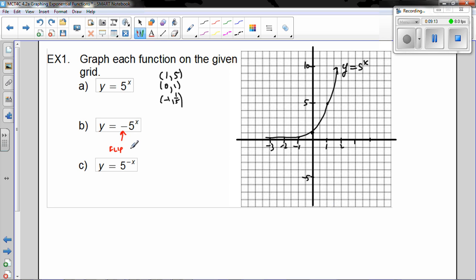Flip in direction of x, or of y rather, which is over the x-axis. Over x-axis. It's going to flip down this way.